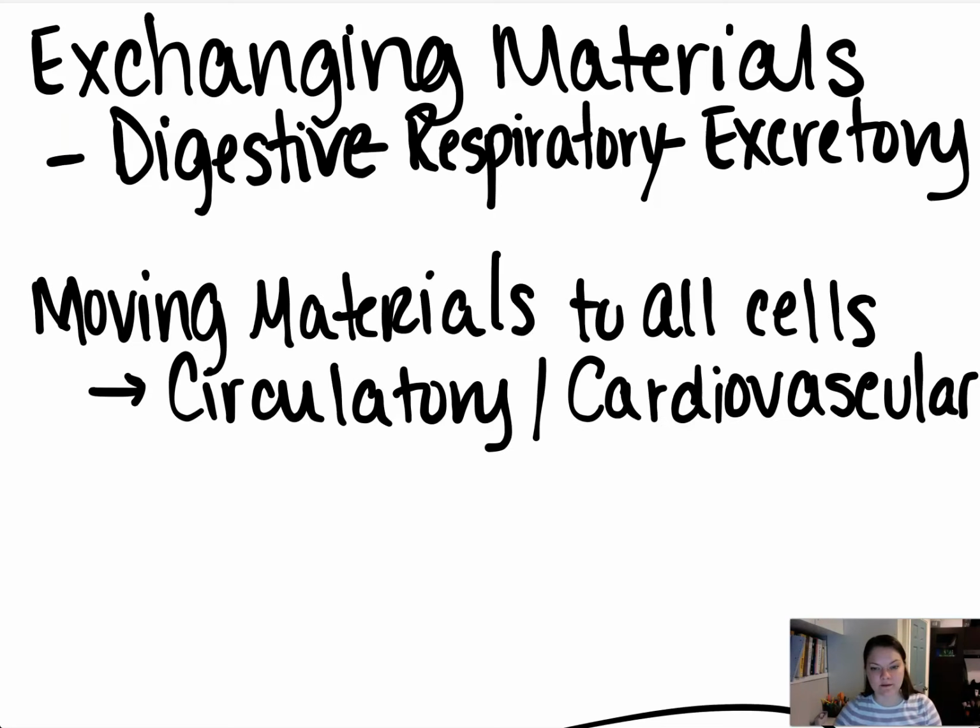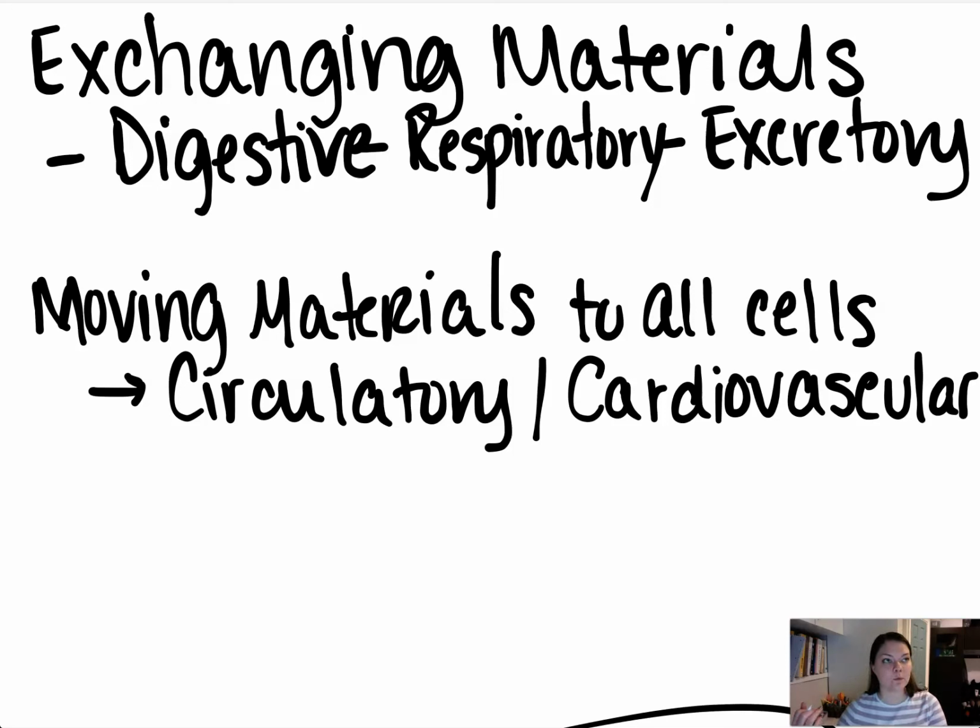Just as a quick FYI, you'll see me use cardiovascular system kind of interchangeably. So circulatory is just looking at the part of the body that is exchanging the materials, so really the blood and the blood vessels, whereas the cardiovascular includes that pump that's responsible for keeping that material moving, and that's going to obviously be your heart.